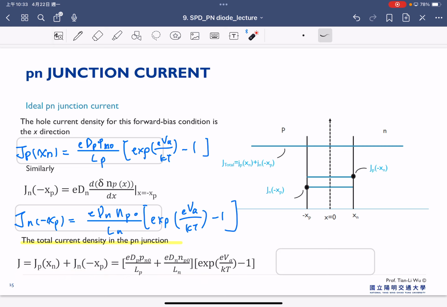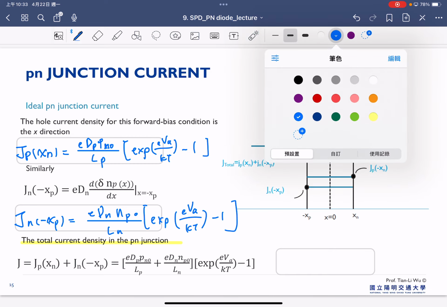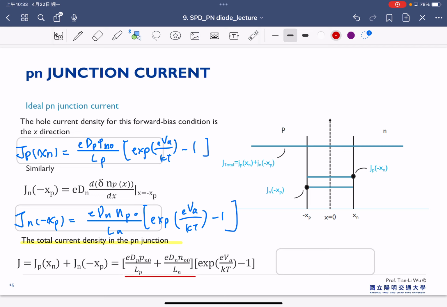And of course, the equation looks very complicated, but in the end, we will definitely do some simplification. So now we define this term, because this is almost like a constant, as long as you have the concentration, but this one is related to the material property. So it's actually independent of the bias here. So we can refer to this term as Js, where Js is equal to this.